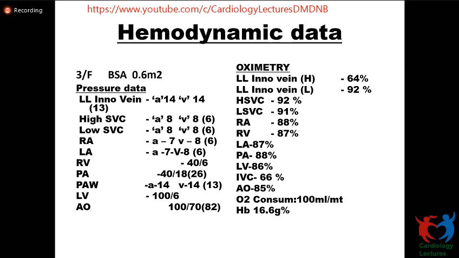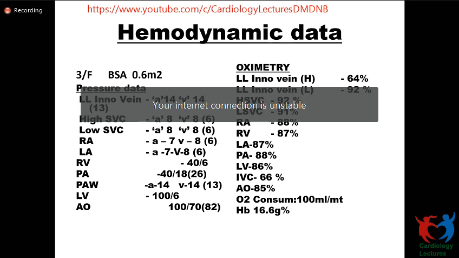High saturation at the left innominate vein, and saturation in almost all chambers. Yeah, that's the most important point. The oxygen saturation in the right atrium, left atrium, left ventricle, right ventricle, pulmonary artery, and aorta will all be almost the same.